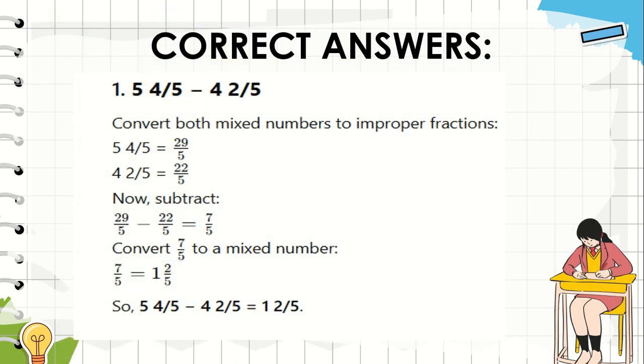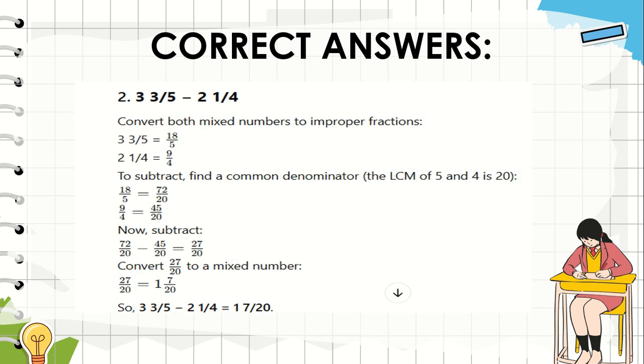Here are the correct answers. For number 1, the answer is 1 and 2/5. Number 2, the answer is 1 and 7/20.